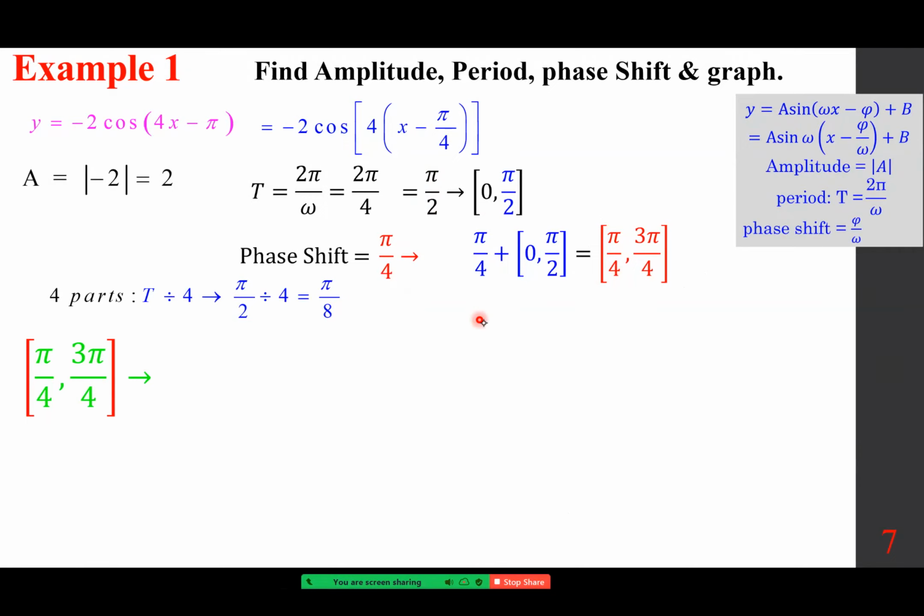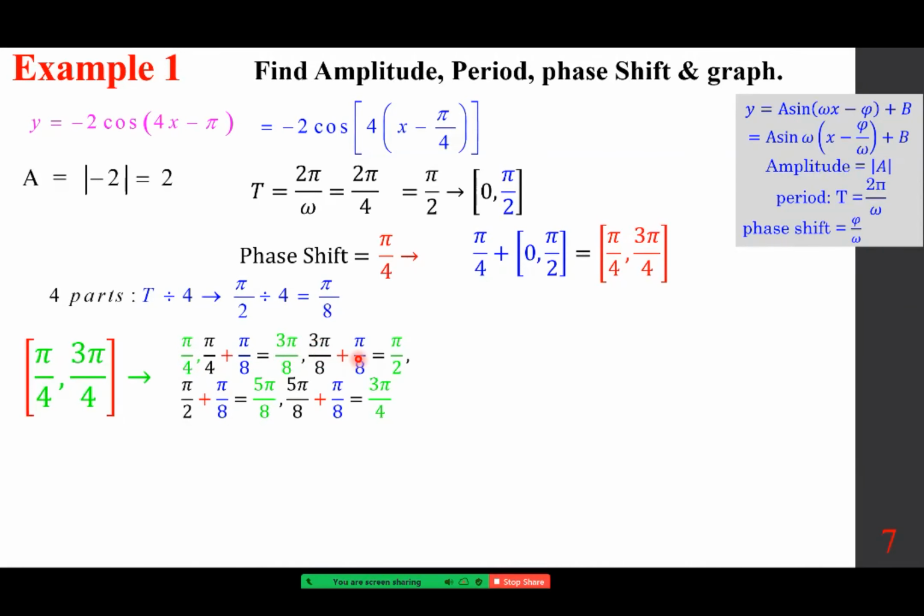That number, add pi over 8. That number, pi over 8, all the way until we get to 3 pi over 4. So pi over 4 and pi over 8 gives us 3 pi over 8. Now this 3 pi over 8, we add pi over 8, gives us pi over 2. And we keep on going.